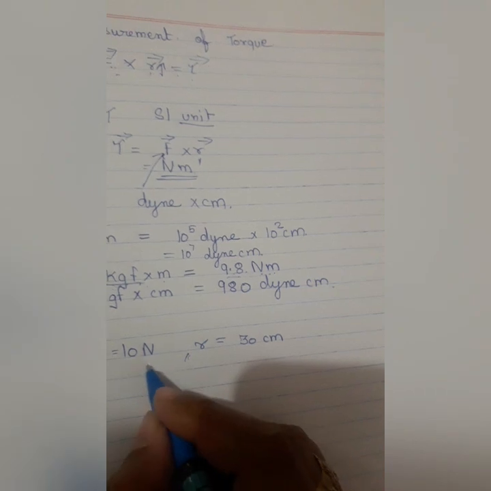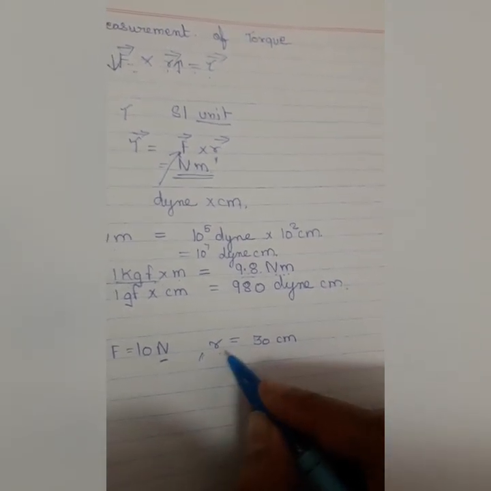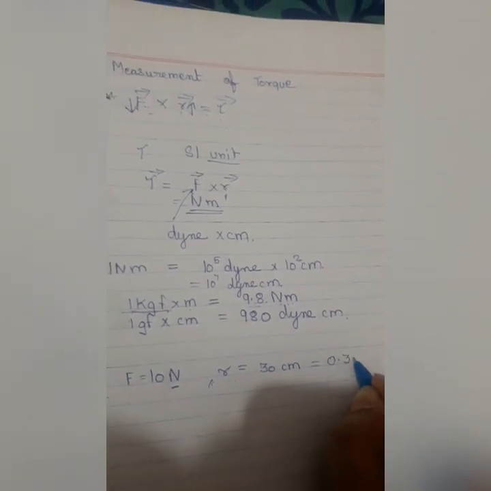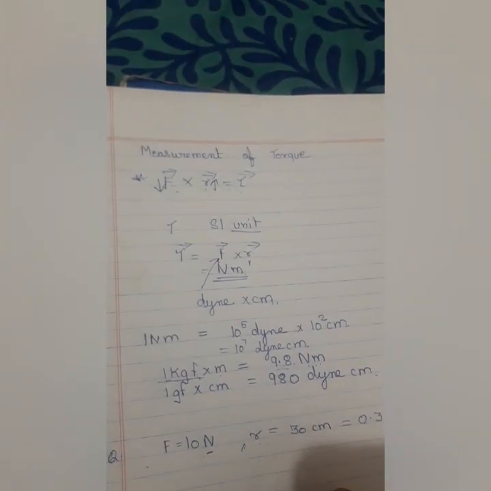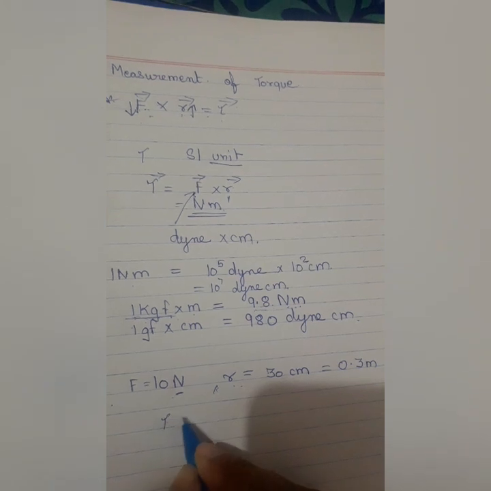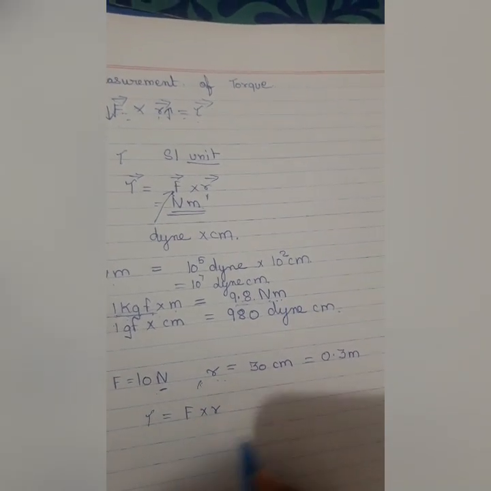If this is given in Newton, then we know that we have to convert the distance also into the same unit, so that would be 0.3 meter. When they say calculate the moment of force about the fixed point, the formula is torque is equal to force into perpendicular distance from the line of action of force.